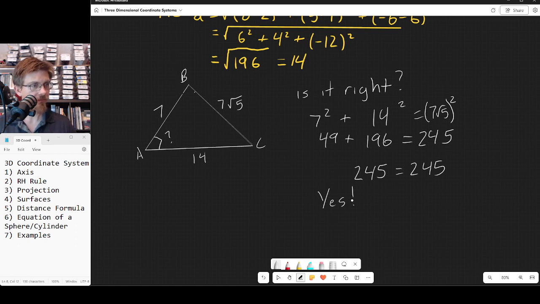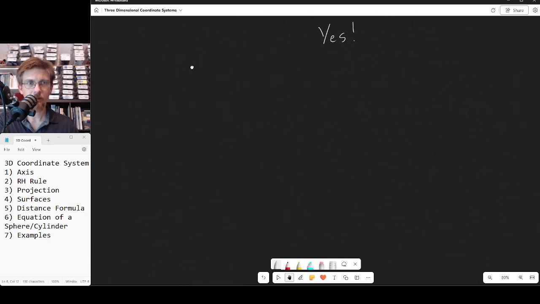Okay, so the next example here is going to take a relation, an equation, and turn it into the equation of a sphere.